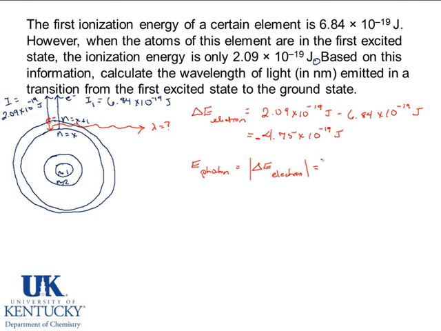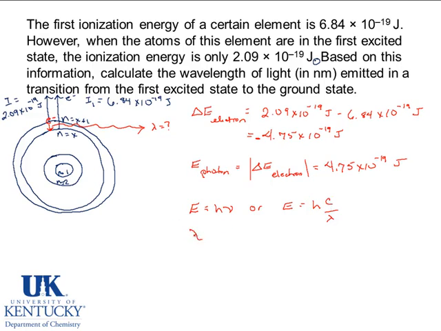So the energy of the photon is 4.75 times 10 to the minus 19 joules. Well, if we know the energy of the photon, we know that E equals h nu, or E equals hc over lambda. We can plug in our information, or we could solve for lambda and put in all the other values and obtain the value for that.